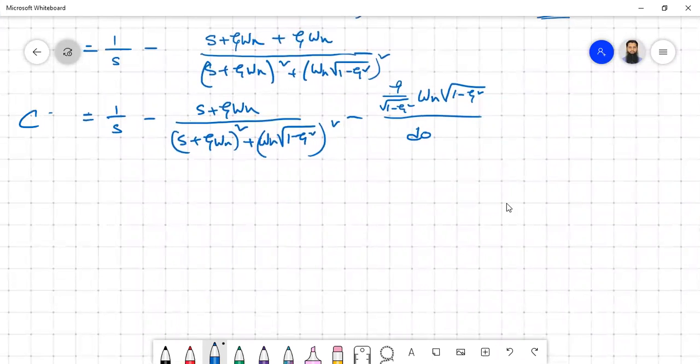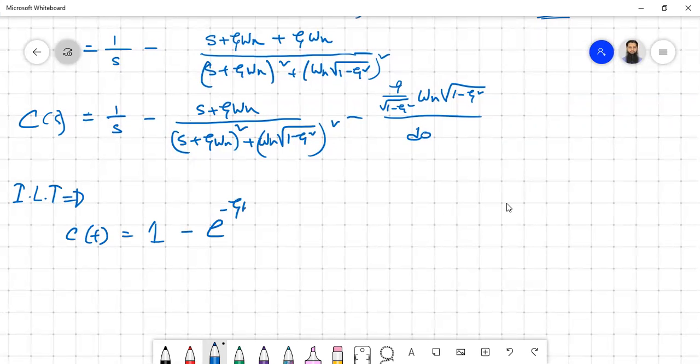So this is your C(s). Now taking the inverse Laplace transformation, what you're going to get is c(t) equal to 1 minus, the decay is e to the power minus zeta omega n t, and then you have cos omega t, so cos omega n root over 1 minus zeta square t.